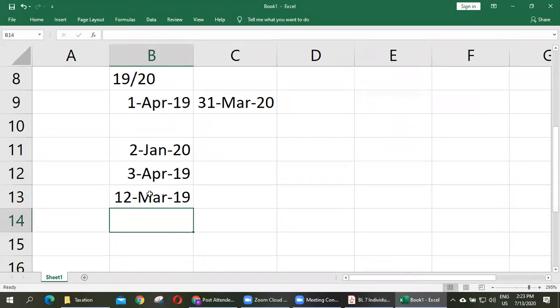This date falls in which year of assessment? '18, '19. Good. Everybody says yes.